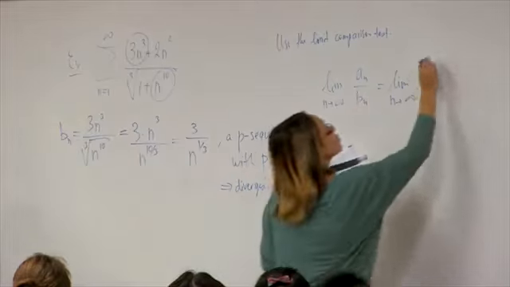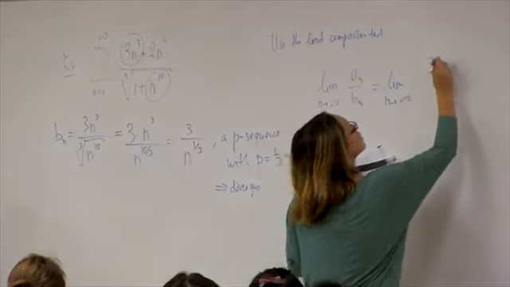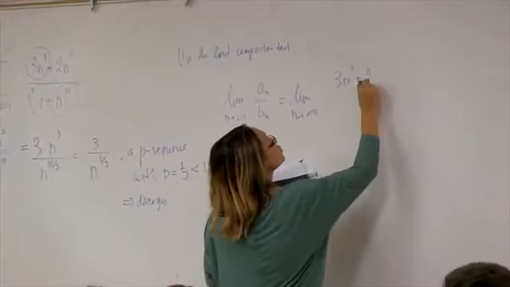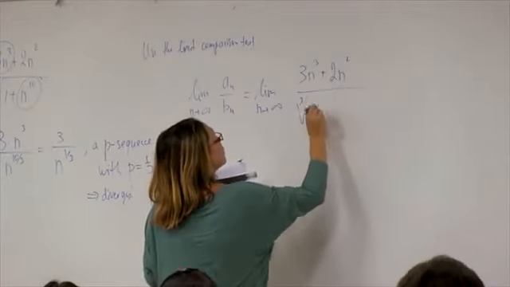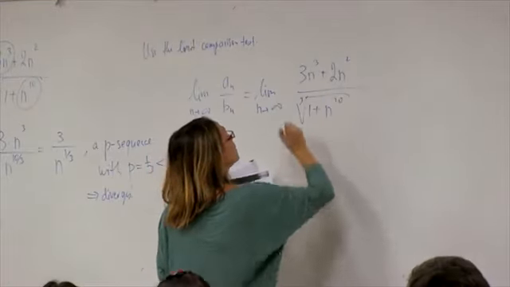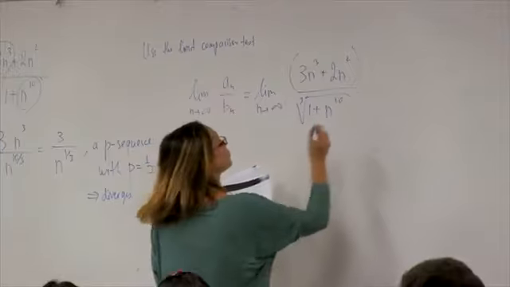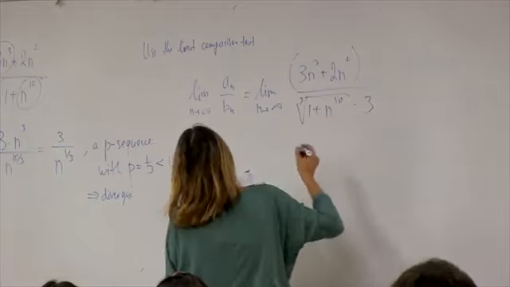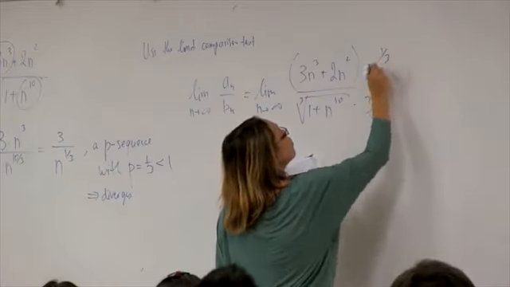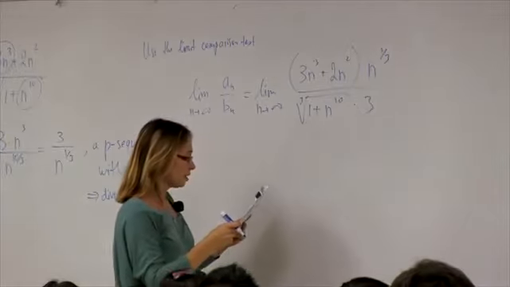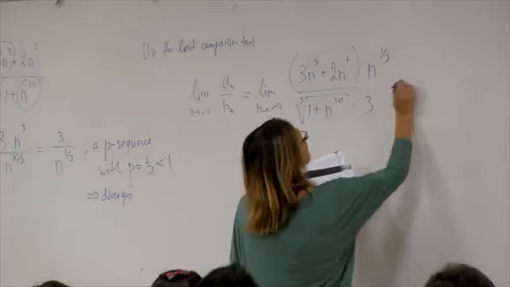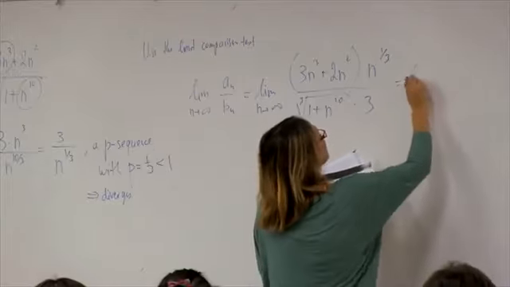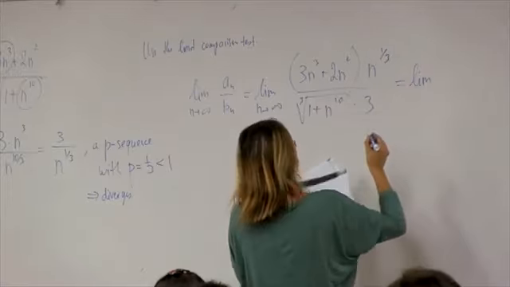I have to rewrite this whole thing. 3n cubed plus 2n squared, like this. And now I have 3, and here I have n to the 1/3. Right? So how do I modify it to get something decent out of it?